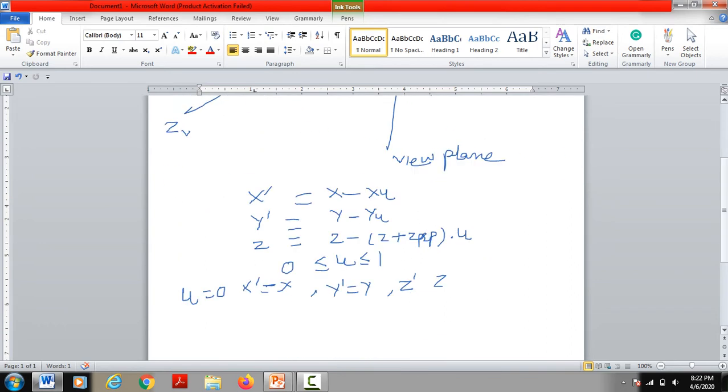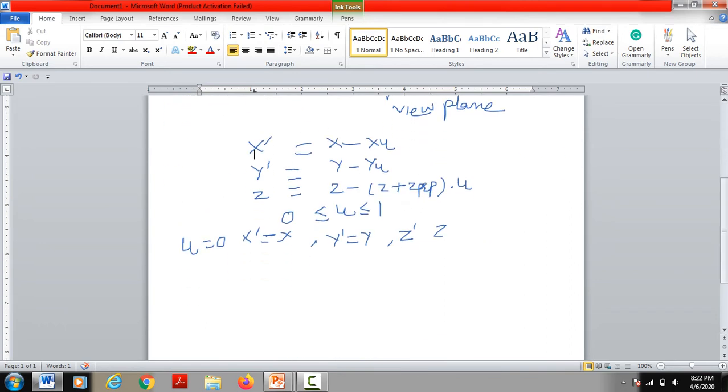Now when u is equal to 1, then what happens? x dash is equal to x minus xu. U is 1, so x minus x is 0.